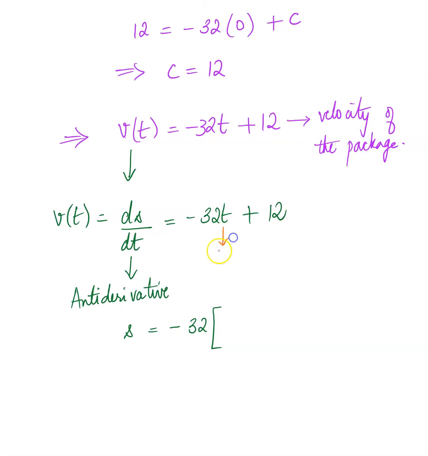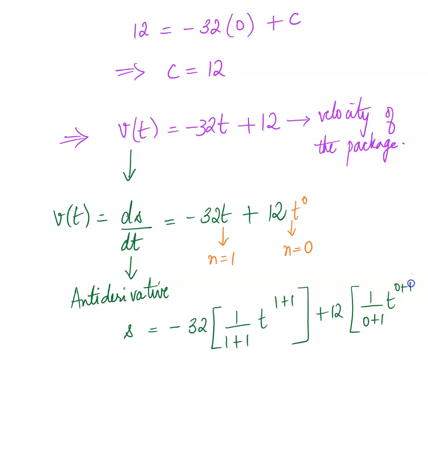Quickly right here, this will be n is 1, and here t power 0. So 1 over 1 plus 1, t power 1 plus 1, plus 12 times 1 over 0 plus 1, t power 0 plus 1, and of course plus c.